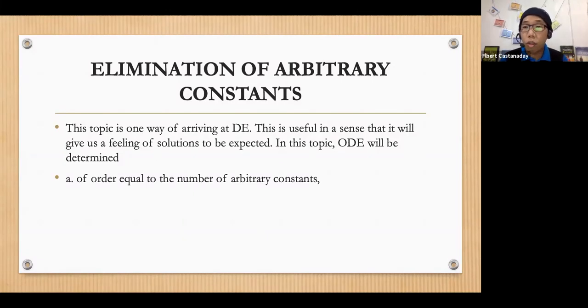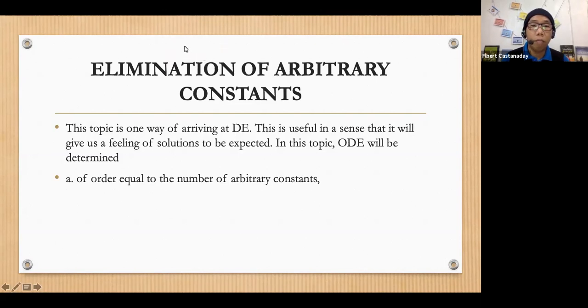If the given equation or solution contains three arbitrary constants, it means that the ODE of that solution is a third order differential equation. If it contains one arbitrary constant, then it's a first order differential equation.